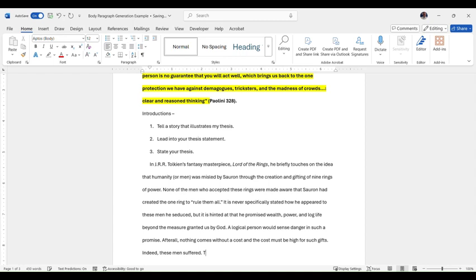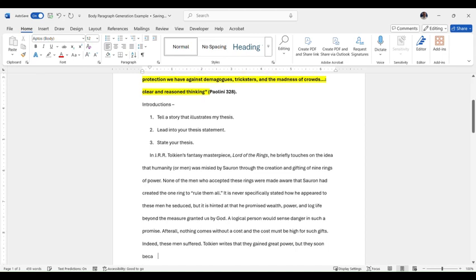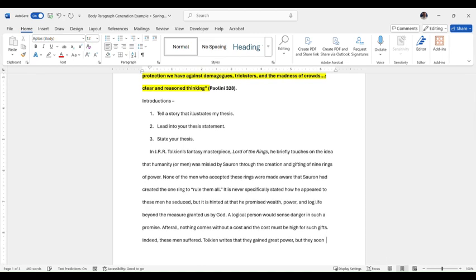Tolkien writes that they gained great power, but they eventually became undying wraiths, forced to forever serve the Dark Lord.